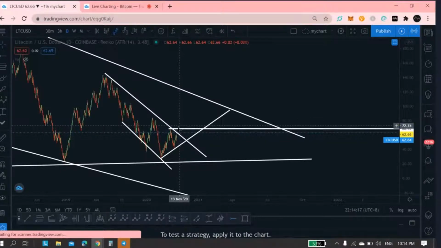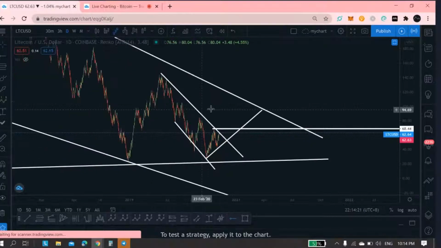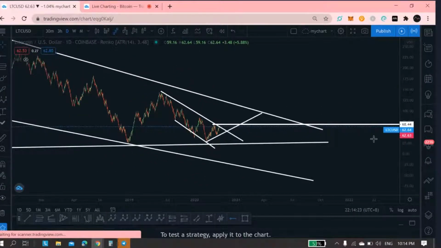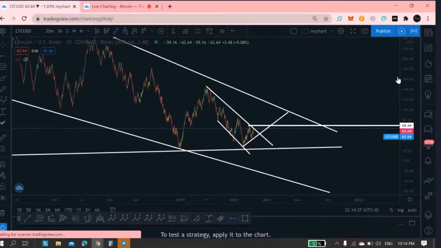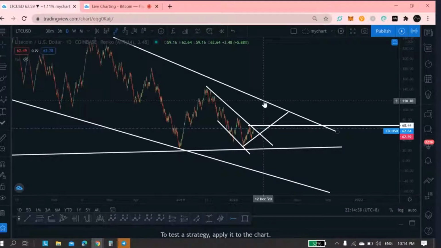After it breaks that area, possibly of course, retest this long-term downtrend resistance, which is possibly around the 100 levels. It depends where the Renko chart is. On a conservative note, we'll just use at least the 100 area.